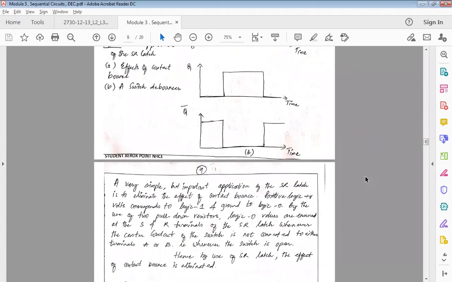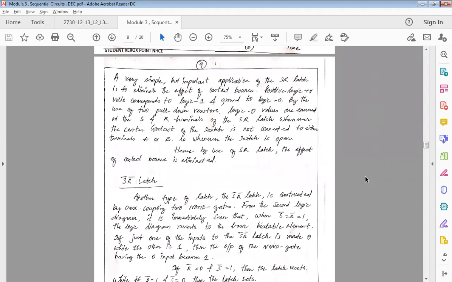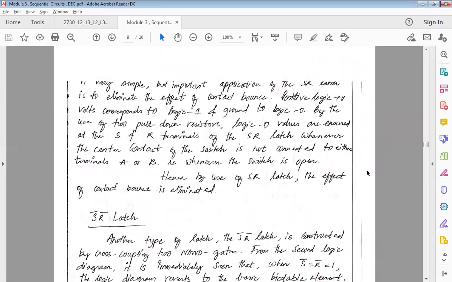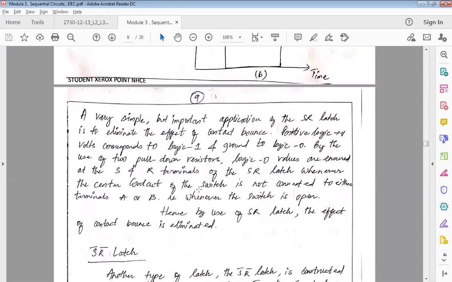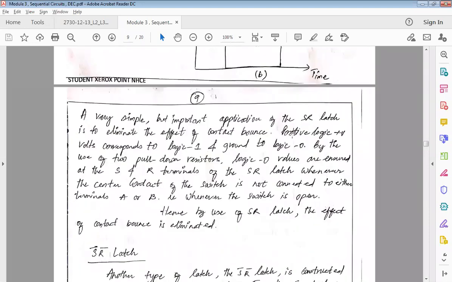Okay. So we will proceed now with the next concept. This is about your debouncer switch. For your benefit, I have even written a lot of explanation here. A very simple but important application is to eliminate the effect of contact bounce. All this that we saw here is contact bounce. Positive logic: plus volts corresponds to logic 1 and the lower values to logic 0.